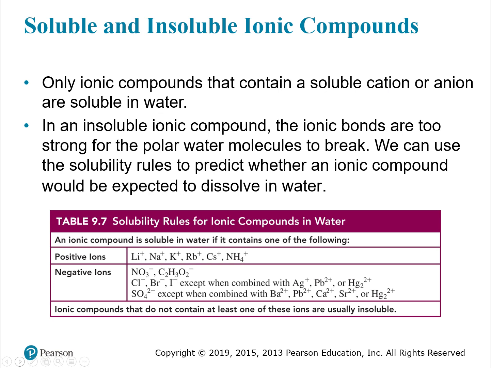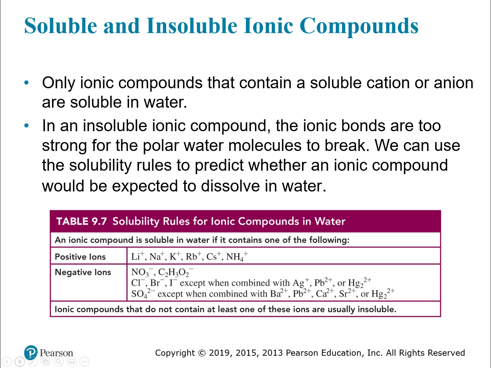We can't talk about solubility without talking about solubility of ionic compounds. So ionic compounds are only soluble in water when they contain ions that are soluble in water. It makes sense, right?